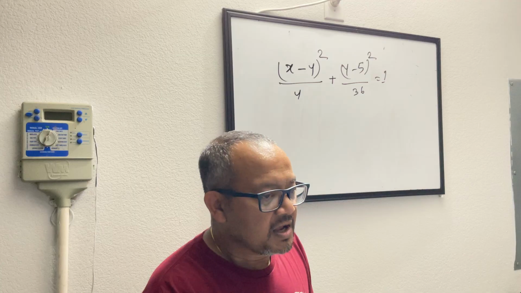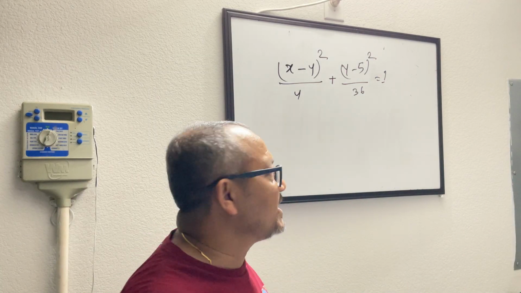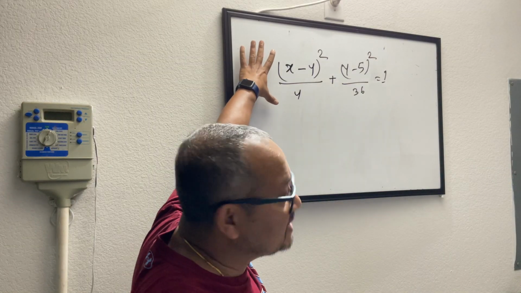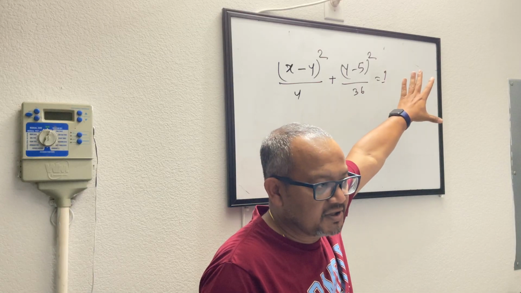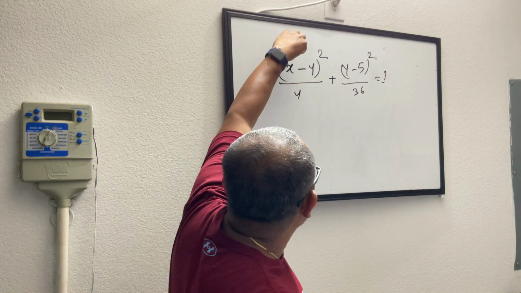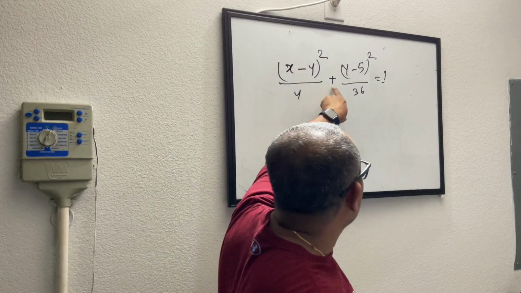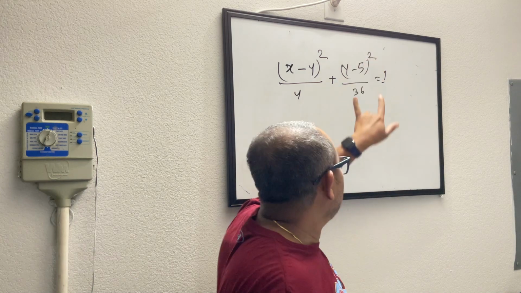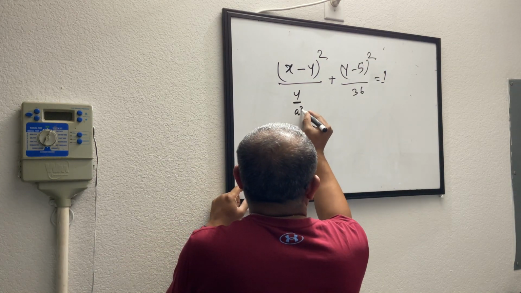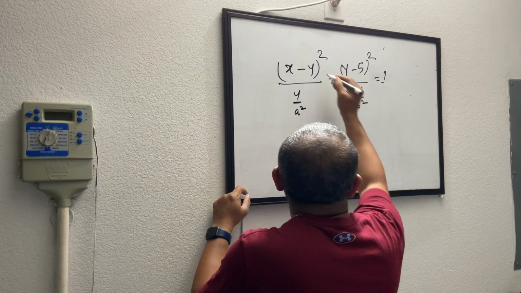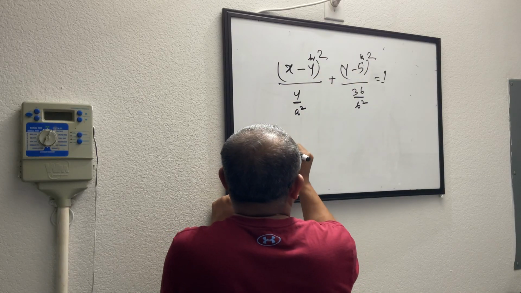Same thing. So, there's nothing difficult about this one, okay? It's just about relating that with what we know. This is the standard form of an ellipse equation: x minus h squared by a squared plus y minus k squared by b squared. Here this is a squared and this is b squared. This is h, this is k, where h and k are the coordinates of the center.